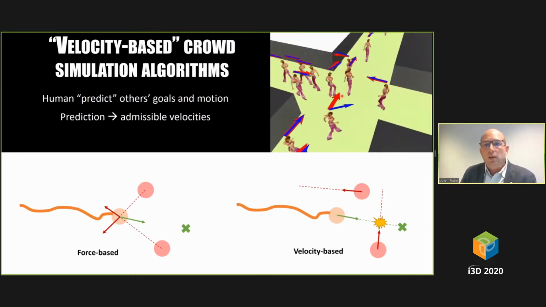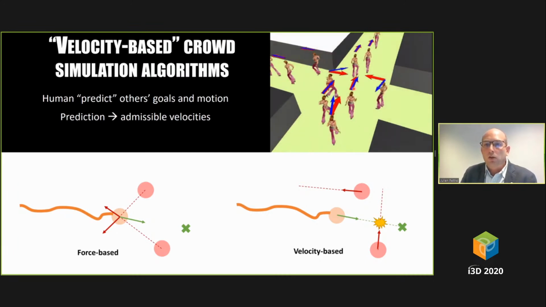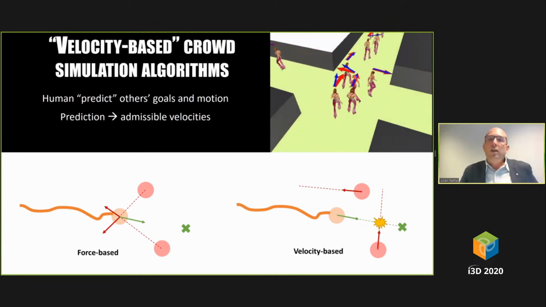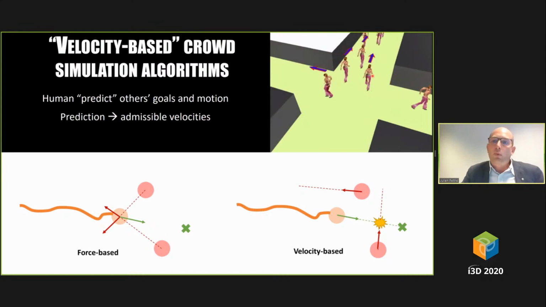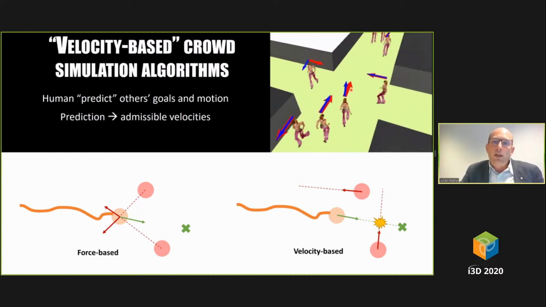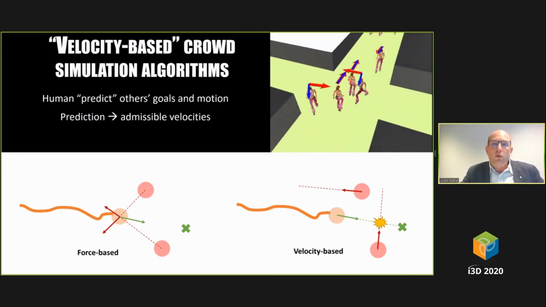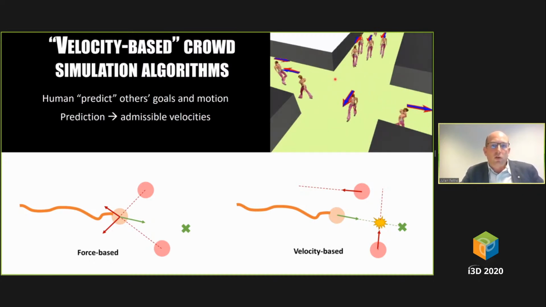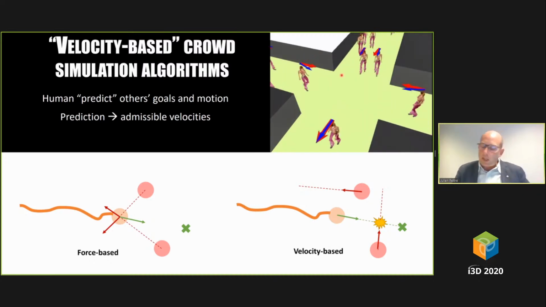So we explored this idea in 2007 in a Eurographics paper, and you can see here the video that looks pretty old now. You can see for each agent the red arrow indicating the desired velocity, and the blue one, which is the admissible one, closest to the desired one.